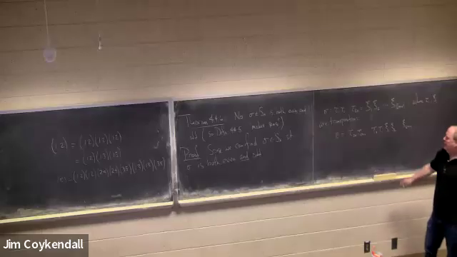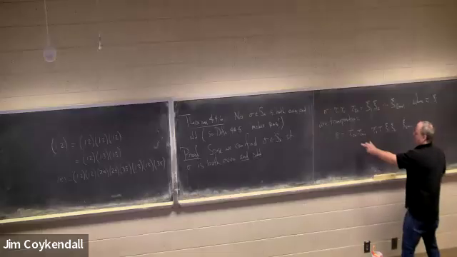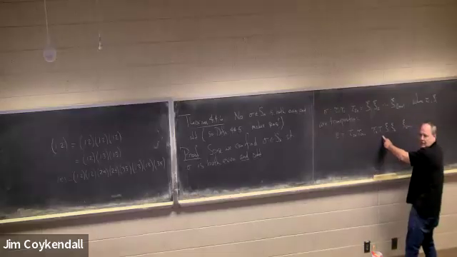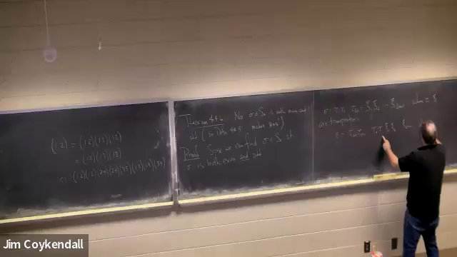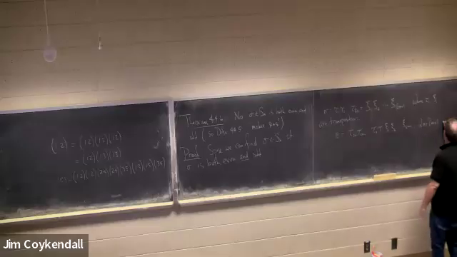So what does this mean? Notice that, how many transpositions do I have here? I've got 2n plus 2m plus 1 transpositions. This is odd.